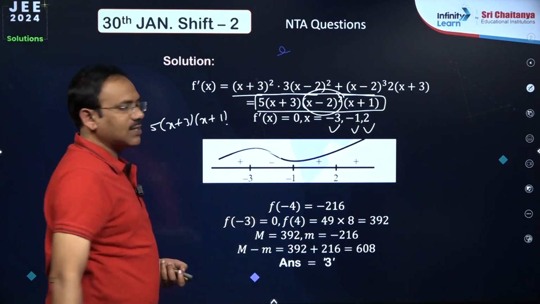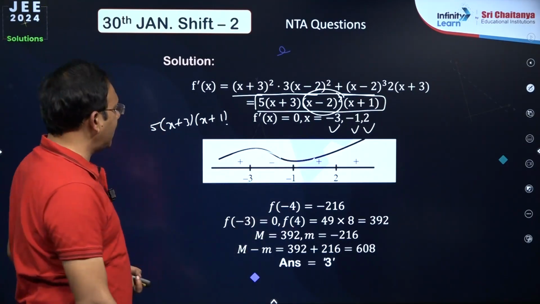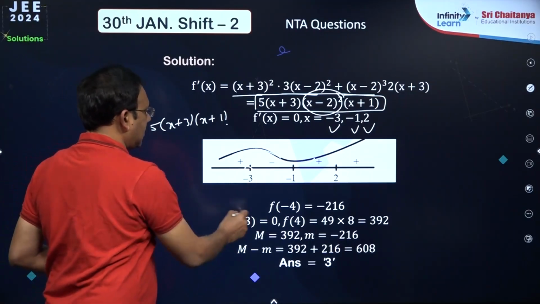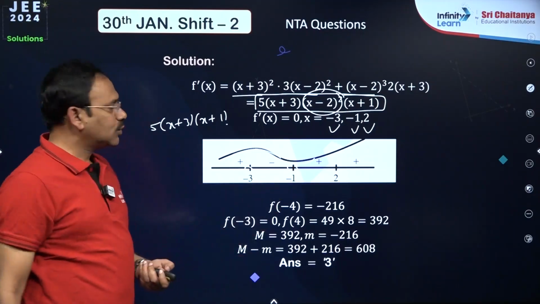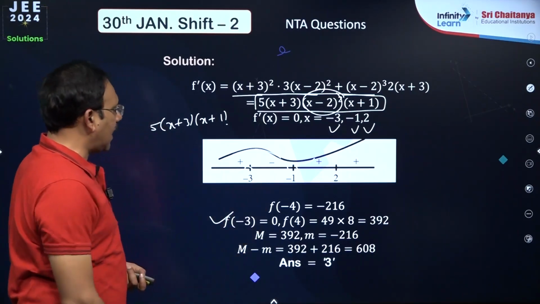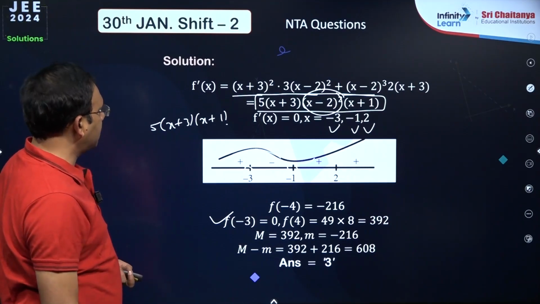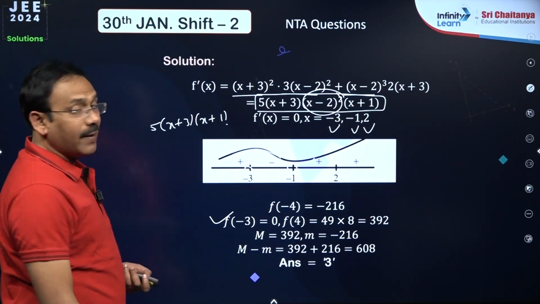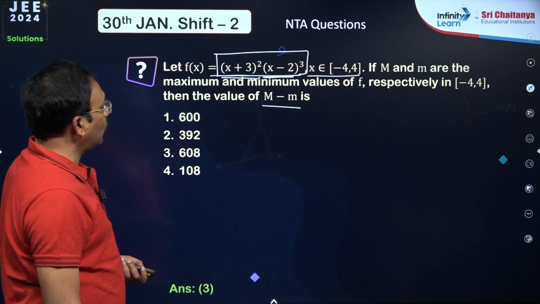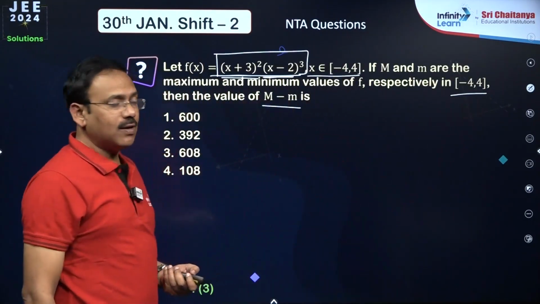Positive to negative in the sense it will have a local maximum, then a local minimum. This expression will have a maximum at minus 3 and a minimum at minus 1. For the given function, you just find f of minus 3, my dear friends. He said the closed interval minus 4 to 4, which means you need to find the global maxima and global minima.